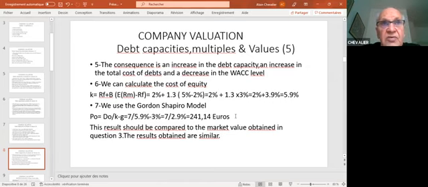I will not say it's identical, but it's very similar, using 2 different calculations, with the first one very simple, based on a simple model, and the second one based on a group of models, which are the capital asset pricing model and the Gordon Shapiro model.